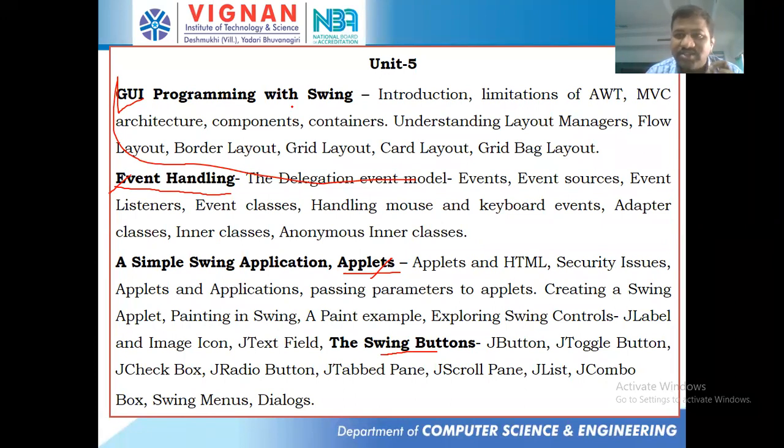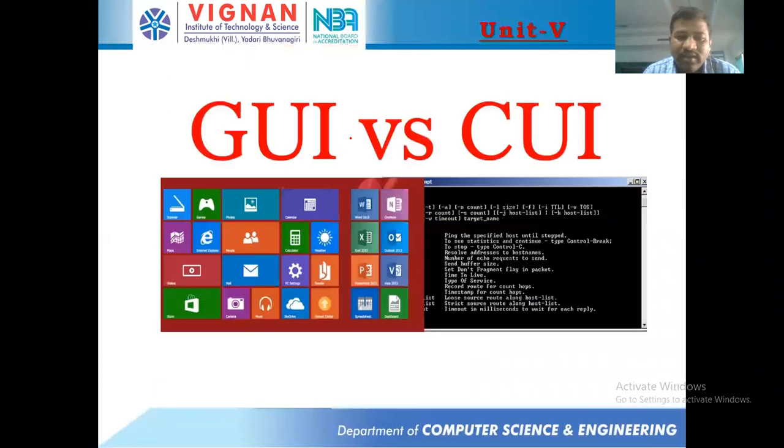So let's have a discussion about the introduction part. We'll discuss this GUI introduction, and then components and containers. Okay, right. First and foremost, we need to know the difference between GUI and CUI. Can anyone say the full form of GUI and CUI?